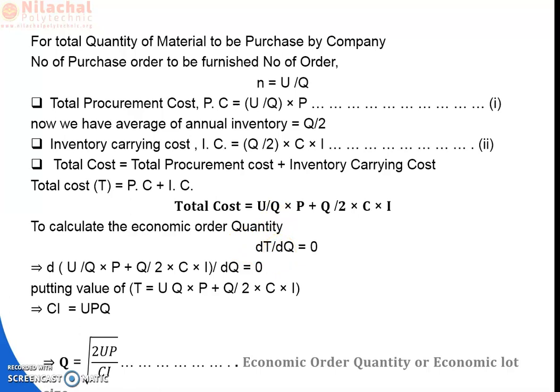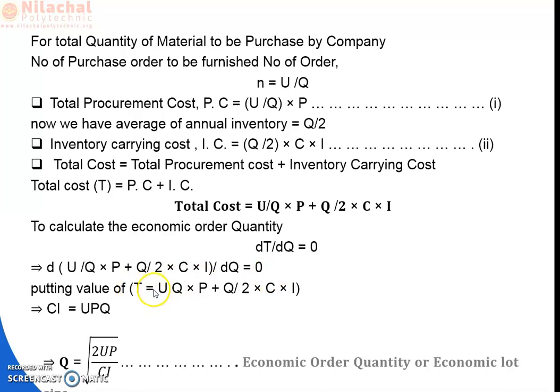So d by dQ of U by Q into P plus Q by 2 into C into I. By differentiating with respect to Q, we get minus U P by Q squared plus C I by 2, which must equal 0, so that we find the minimum value.